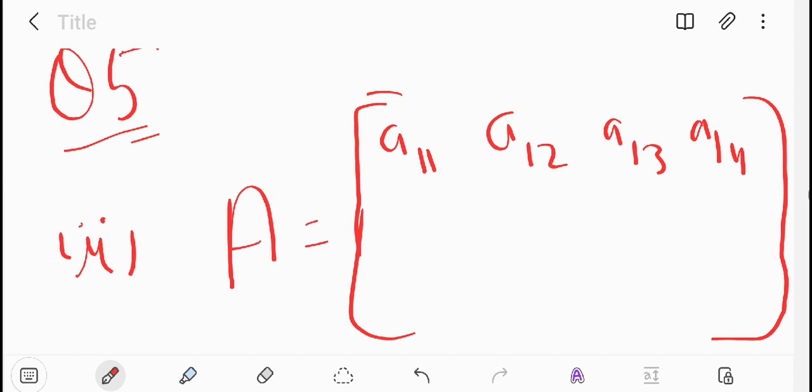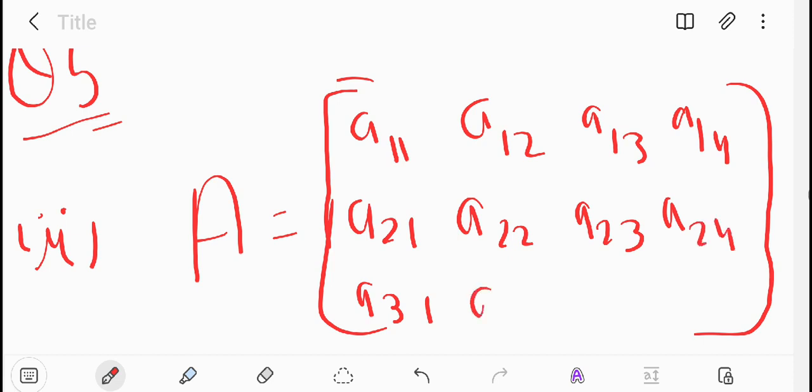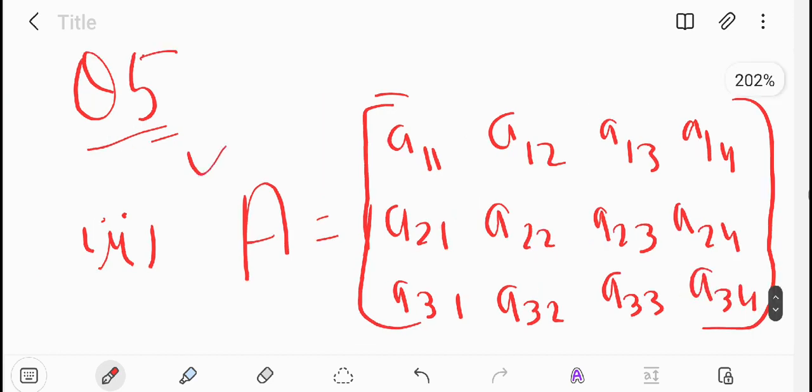Because there are going to be 4 columns and there will be 3 rows. So A21, A31, up to here we get the first column only. Now completing it, A22, A23, A24, A32, A33, A34. I hope the general form is clear to you.